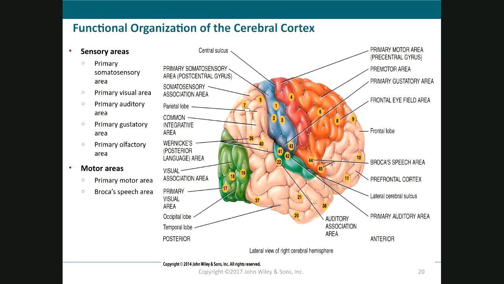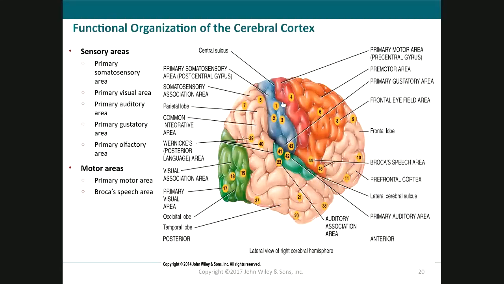Reviewing some of these other areas, in front of the primary motor cortex or the precentral gyrus is the premotor area, which is part of the frontal lobe. And then here is the prefrontal cortex, and we'll discuss the functions of that. I'm just going over the anatomical regions here.